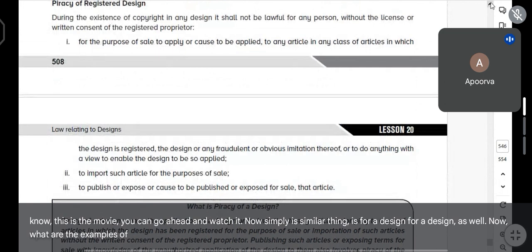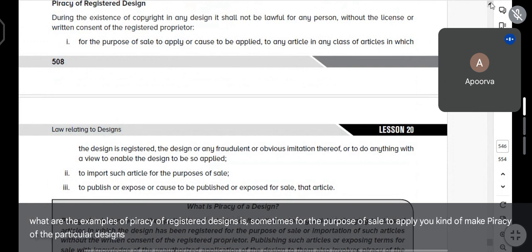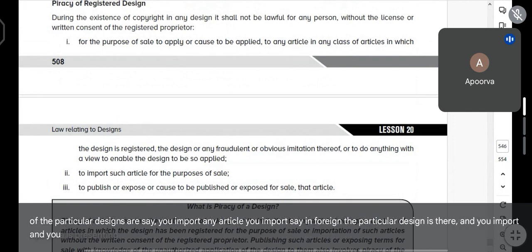Now, what are the examples of piracy of registered designs? It is sometimes done for the purpose of sale. Say you import any article, say from a foreign country, where the particular design is there, and you sell it as a pirated copy. That is also not allowed.